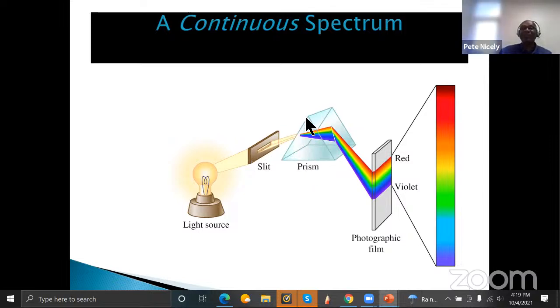Now, this prism can be made up of either glass or plastic, but it will be something transparent. And as the white light passes through, the different colors of light will undergo what is called refraction.